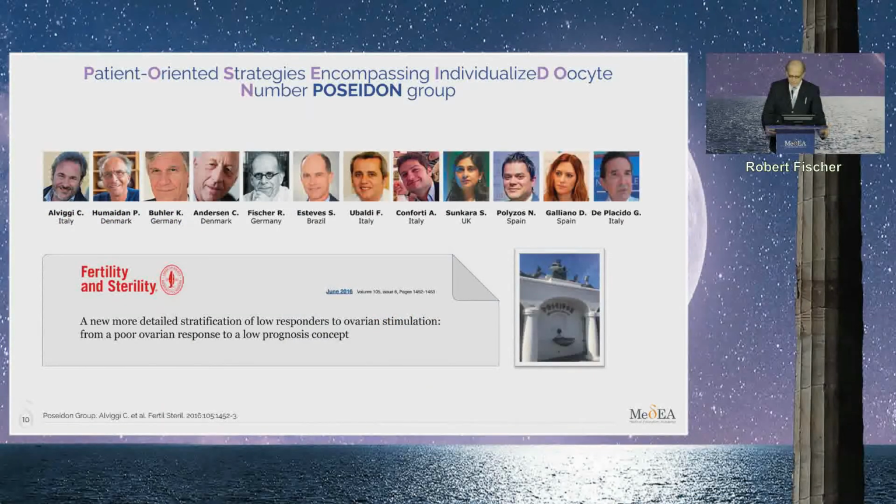And as you can see here, also the picture of the entrance to the Poseidon thermals on Ischia, where we gathered and came up with this idea and presented it in this first paper in Fertility and Sterility in 2016.